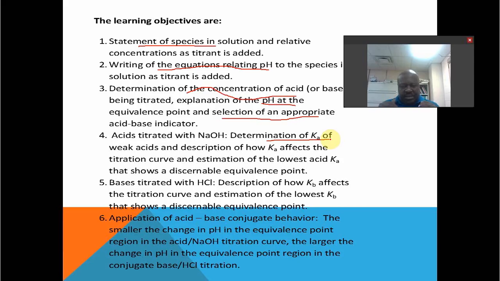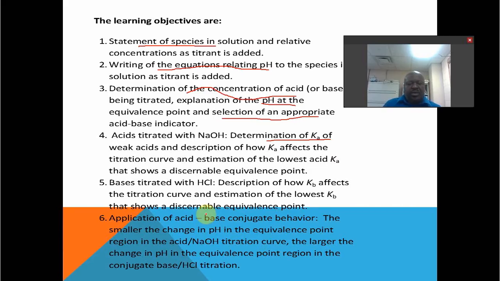And then for these 2 titrations, strong acid, strong base, and weak acid, strong base, we want to compare them so we can conclude the effect of Ka. How does Ka affect the titration curve?